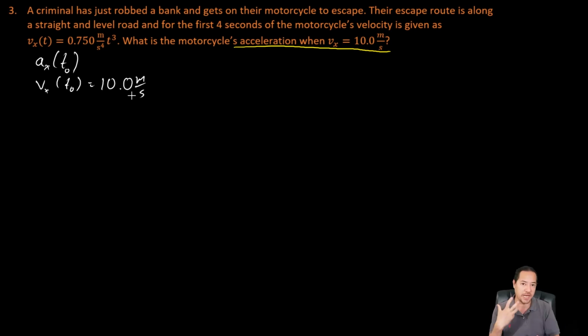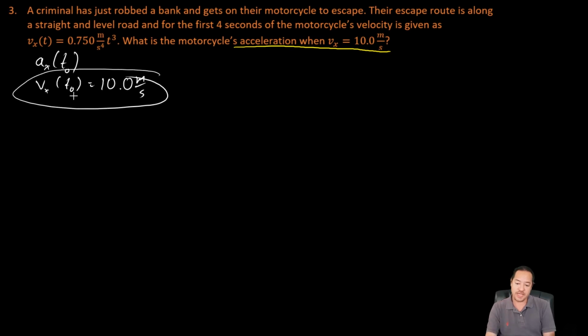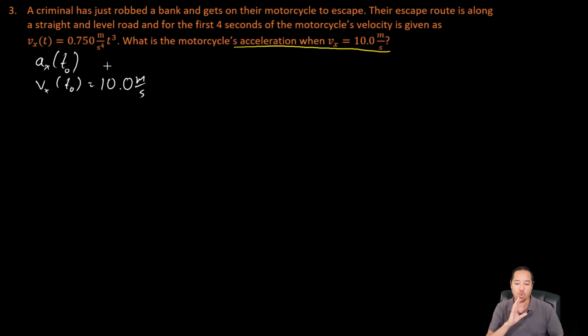So I'm translating the question into math. When this condition is true at this t naught, what is our acceleration going to be? We have to figure out this time at this velocity.